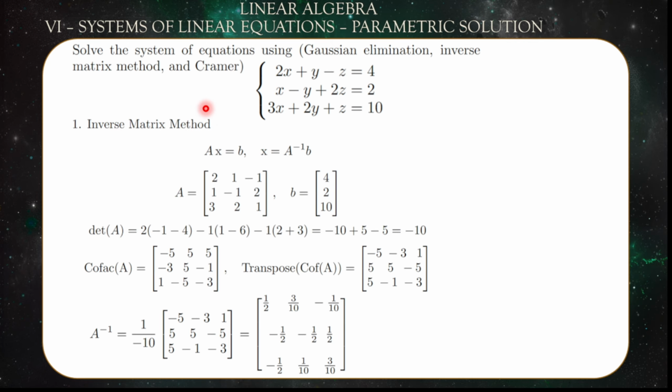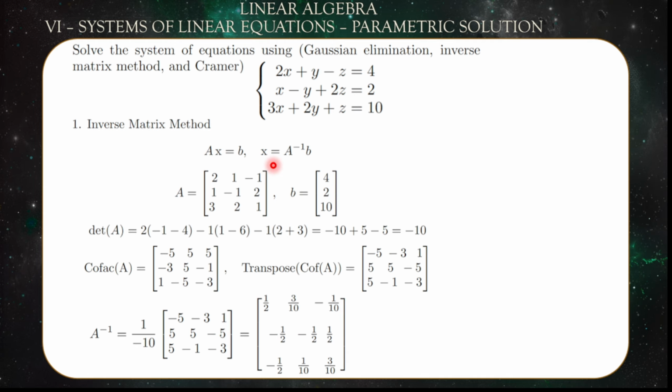Another method to resolve the system of equations is to use the inverse matrix method, which implies that the original form is Ax equal to b, with A being all the arguments multiplying the different variables. You extract them by simply writing them, ignoring the x, y, and z, as a matrix.